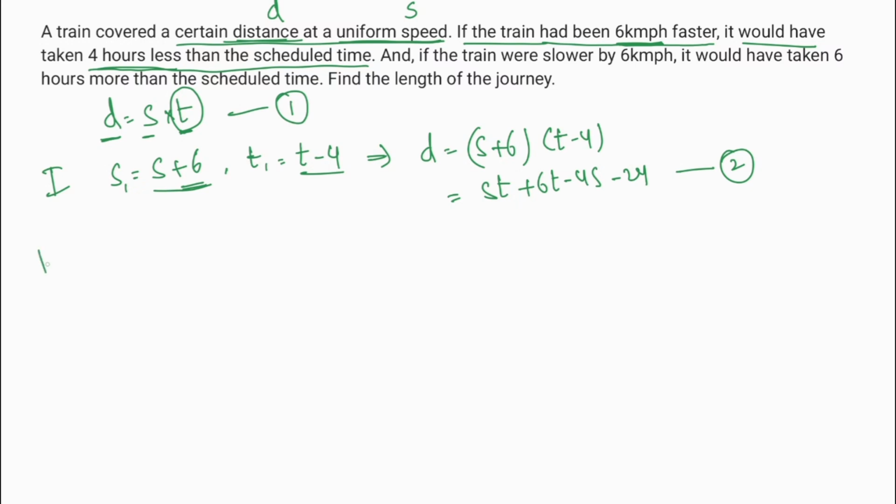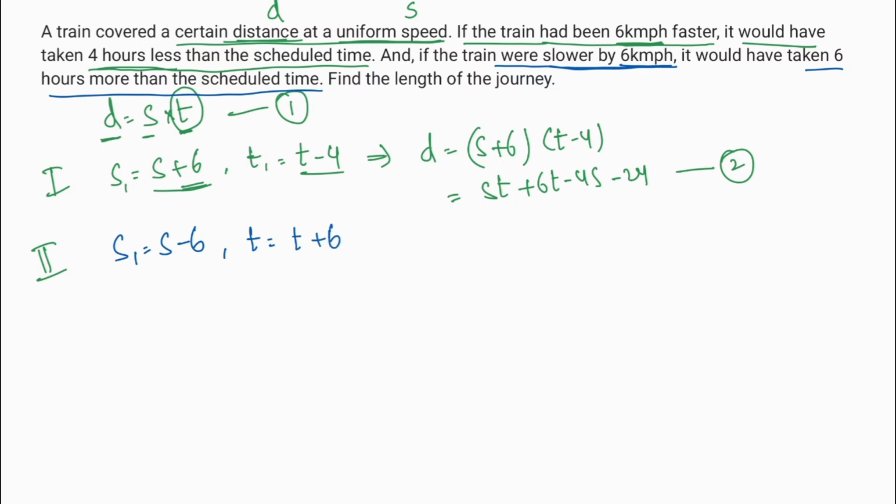Now what is second case? If the train were slower by 6 kilometers per hour. So the new speed is 6 kilometers per hour lesser than the original speed. So it is s minus 6. It would have taken 6 hours more than the scheduled time. So the new time will be what? Original time plus 6 hours.